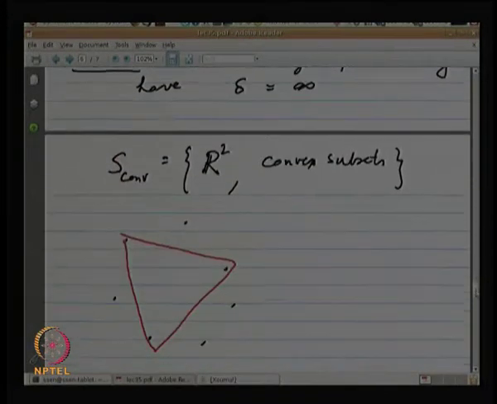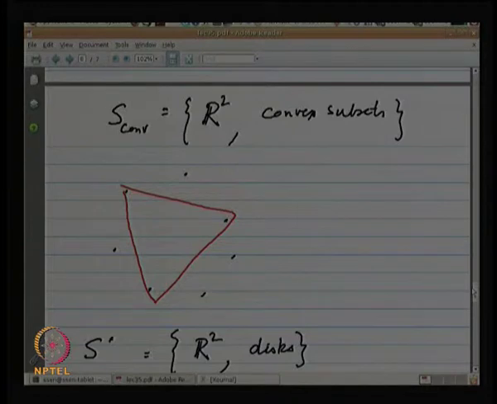And we saw some other examples where range spaces were defined by the set of points in the plane and all the convex subsets. This is a classical example where the VC dimension is not even bounded, because if the points are all on the convex hull, then I can capture any subset of the points using convex subsets, because any subset of the points defining a convex polygon is also convex.